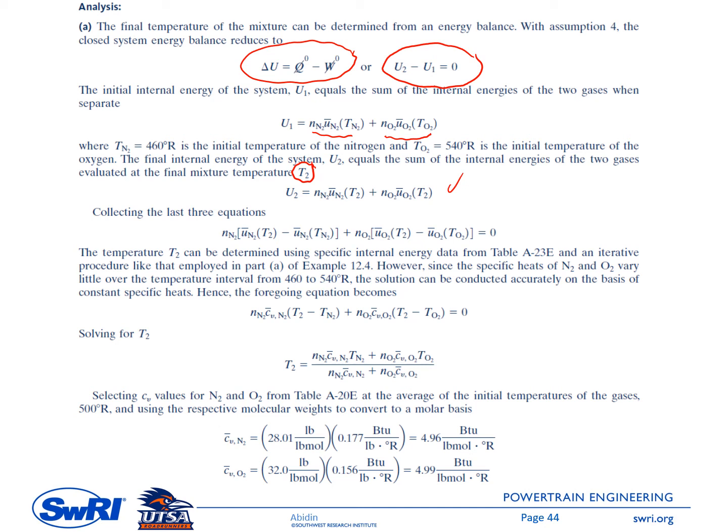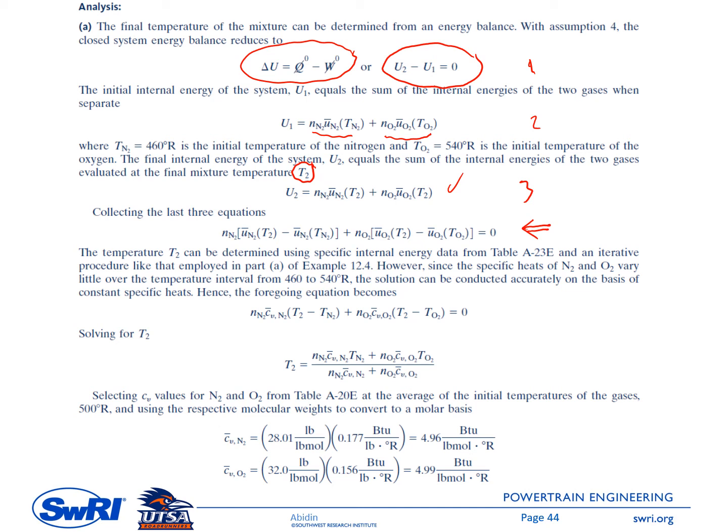If we collect the last three equations, 1, 2, 3, you will get this equation. You can see here we have internal energy on a molar basis, evaluated at T2 and also at the initial temperature for each gas. The temperature T2 can be determined using the specific internal energy data from table A23E.